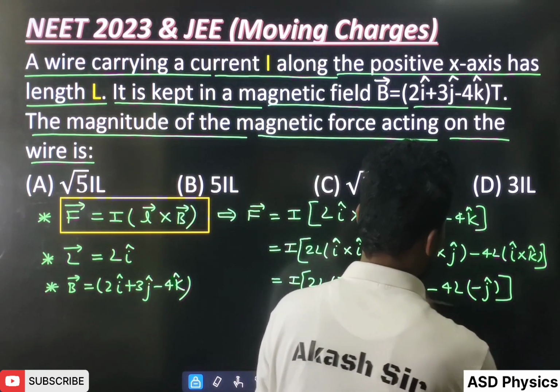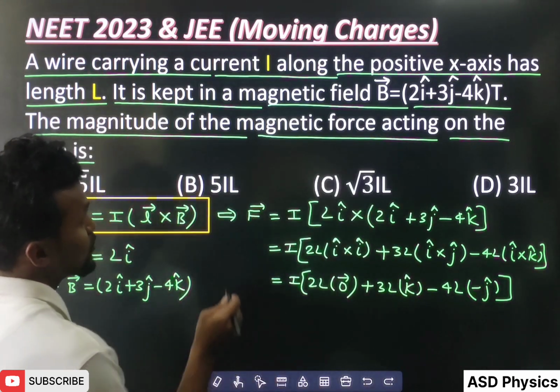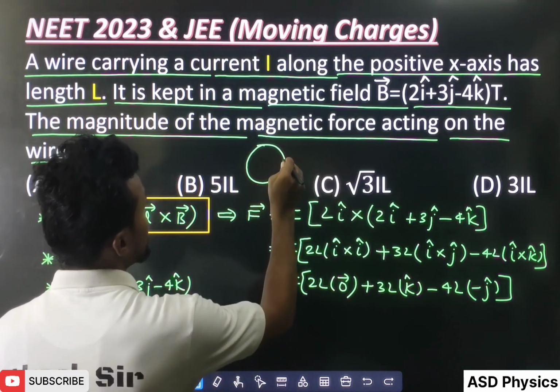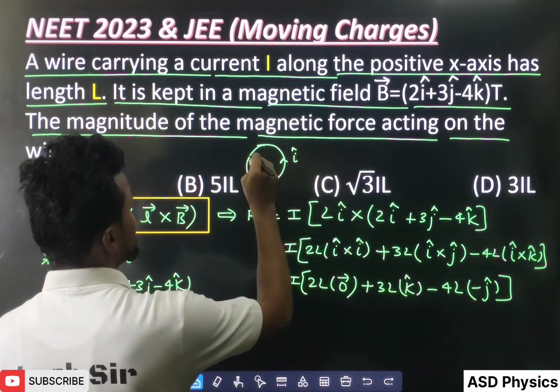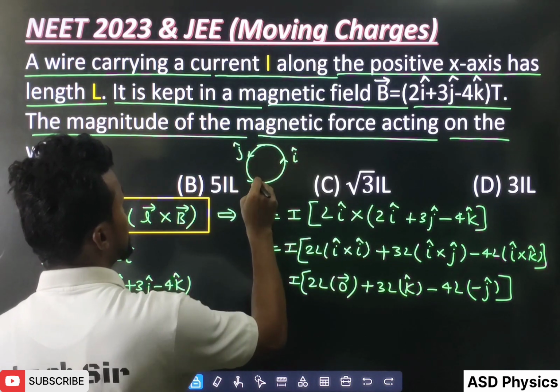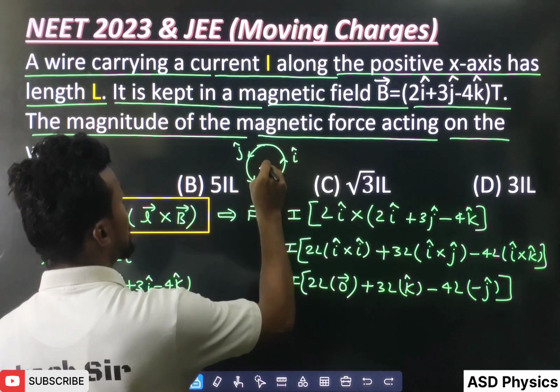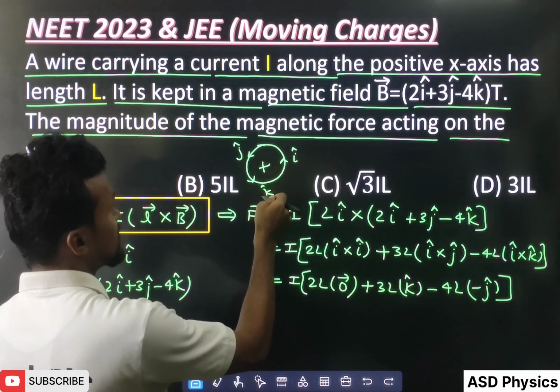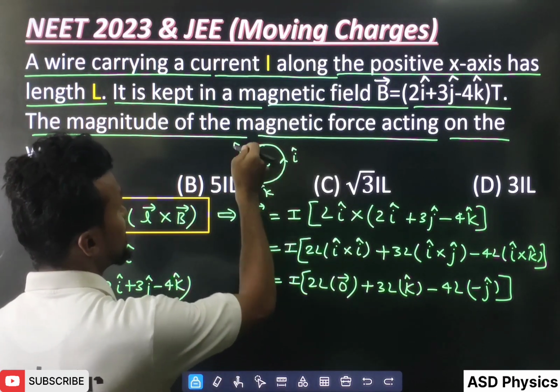Why am I using this? Please remember, if there is a circle and we are moving in an anti-clockwise direction, all will be positive: i cap cross j cap is k cap, j cap cross k cap is i cap, k cap cross i cap is j cap.